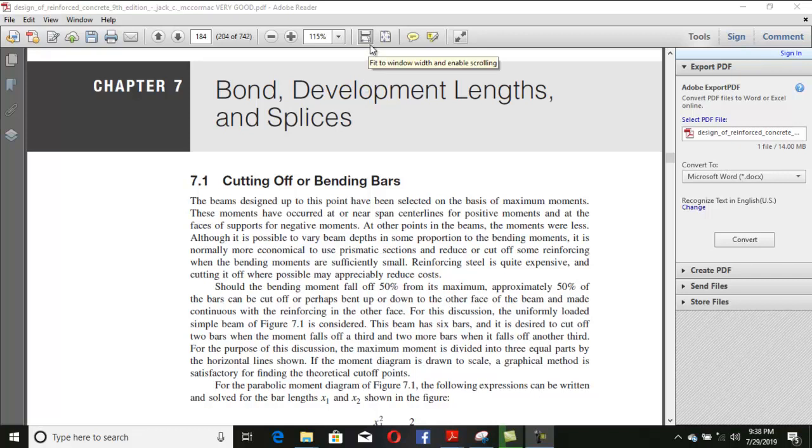Remember, whenever we are designing a reinforced concrete beam, we use a term Fy, that is the yielding strength or yielding stress of steel.